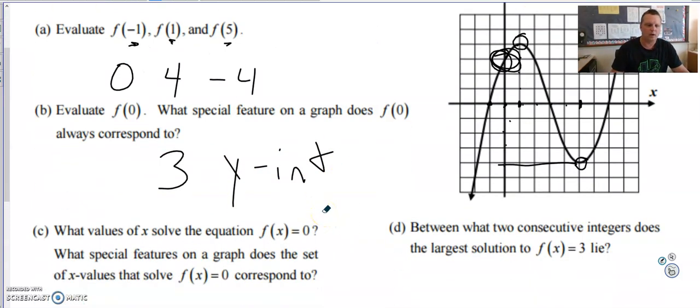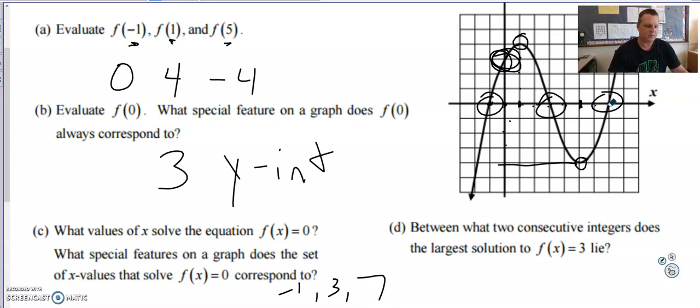Okay, what values of x solve the equation f of x equals 0? So where those are is here, here, and here. Those are the zeros. So I have negative 1. I have 1, 2, 3. You're just counting. And I have 7. So 1, and 1, 2, 3, 4, 5, 6, 7. So negative 1, 3, and 7.